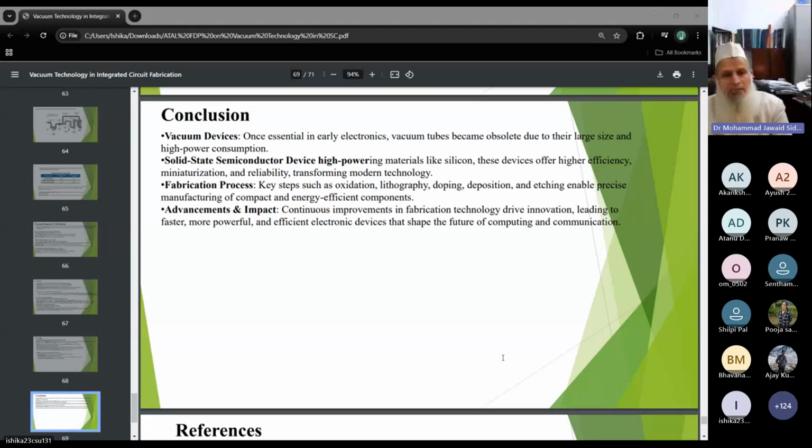Fabrication process key steps such as oxidation, lithography, doping, deposition, and etching require high vacuum. Continuous improvement in fabrication technology drives innovation, leading to faster, more powerful, and efficient electronic devices that shape the future of computing and communication.